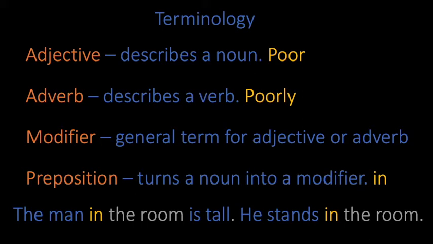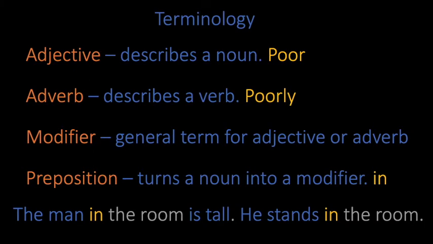Modifier is a more general category of descriptive words or phrases that includes adjectives and adverbs. I like to think of a preposition as a word that turns a noun into a modifier. An example of a preposition is the word in. In the sentence, the man in the room is tall, in is combined with the noun room to make a sort of adjective, a modifier describing the man.